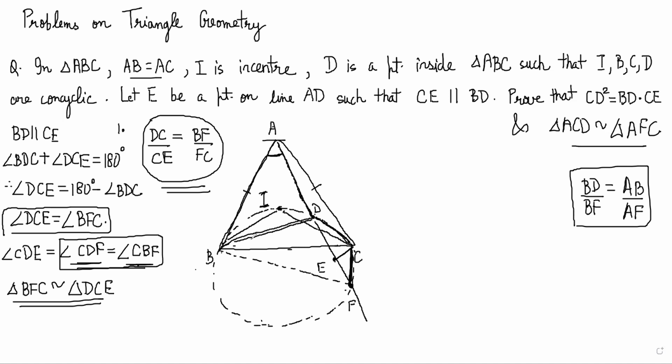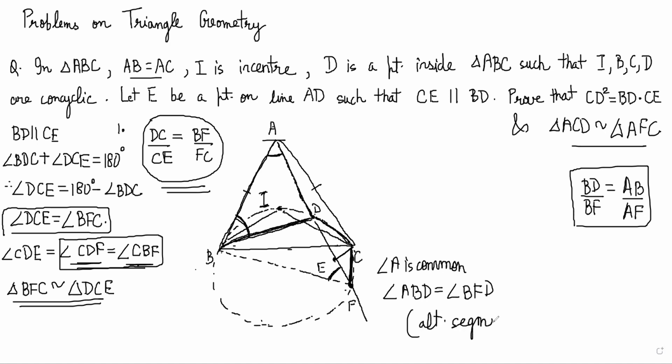And it is what I was doing earlier was correct, because this angle is the angle made by the tangent AB and BD, the line BD. BD is a chord. So the alternate segment theorem says that it should be equal to this angle. So basically, angle A is common and angle ABD is equal to angle BFD by the alternate segment theorem, because AB is a tangent.